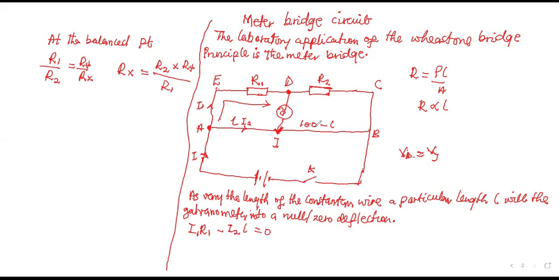Then when you take the other loop, another clockwise loop, you have I1 times R2 minus I2 times 100 minus L also equal to 0.